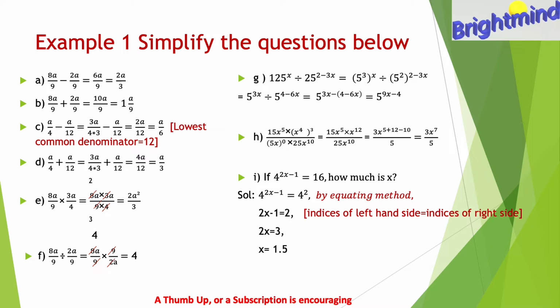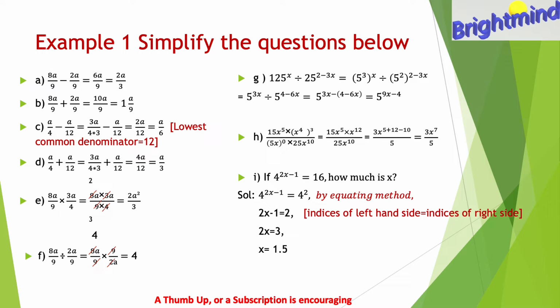C. a over 4 minus a over 12. 4 and 12 are not the same, because 4 going to 12 3 times, so the lowest common denominator is 12. 4 needs to multiply 3 to make 12, and a needs to multiply 3 as well.